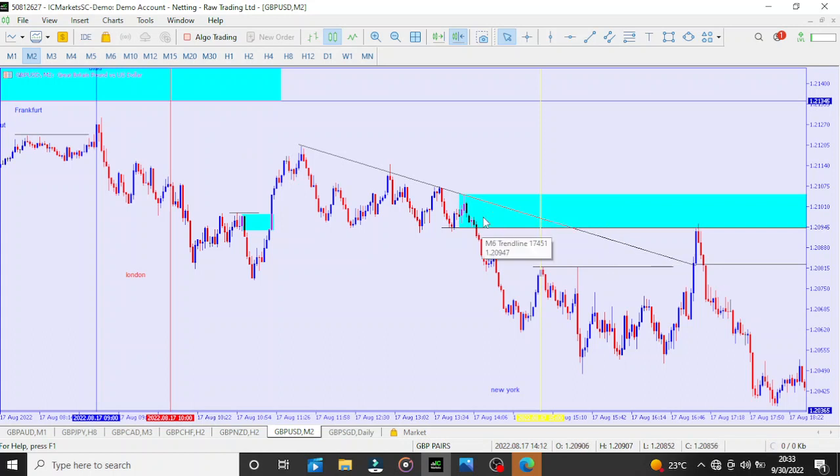From this supply zone that was introduced later on the London session, which also grabbed this liquidity because a lot of people were expecting to buy after this break of structure, and this demand that was introduced later on the London session manipulated this liquidity, and later on New York opened and created these equal highs.